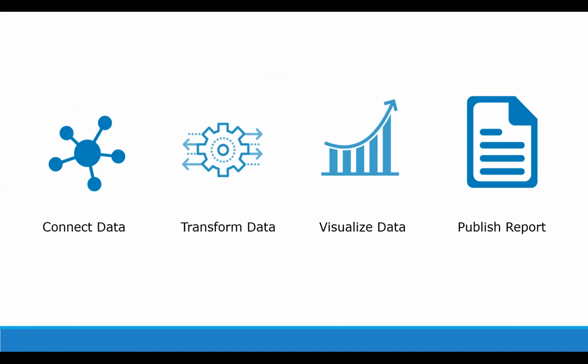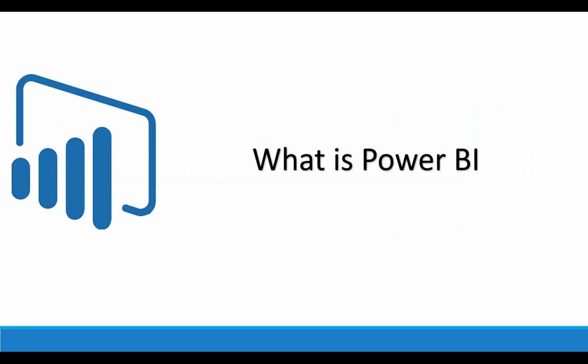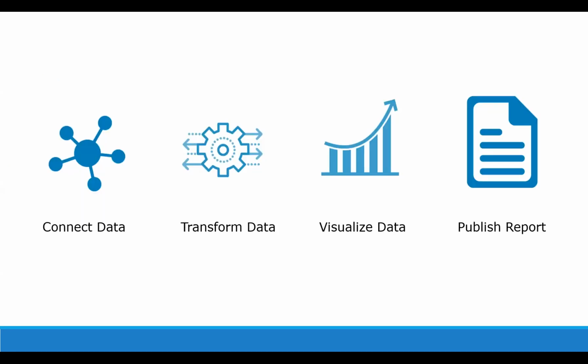Yesterday we learned visualization of the data, and today we are learning publishing the report. So these are the four things that we need to work with. This is the entire Power BI. If you work with these four steps, that is basically Power BI. That's why I asked this question. What is Power BI? Connecting data, transforming data, visualizing data, and finally publishing the report is basically Power BI.